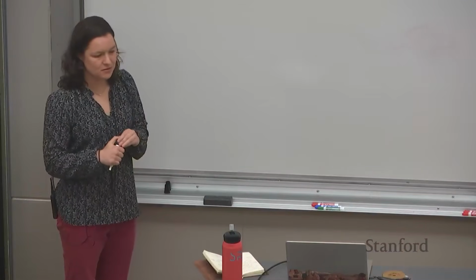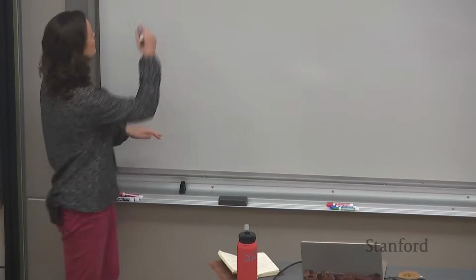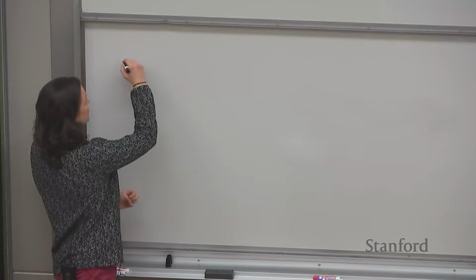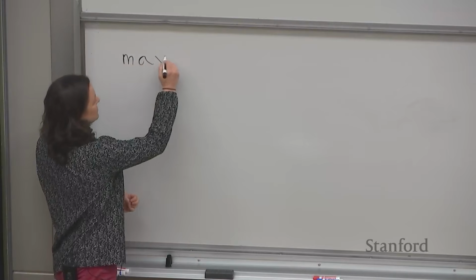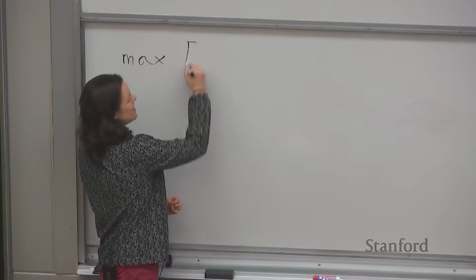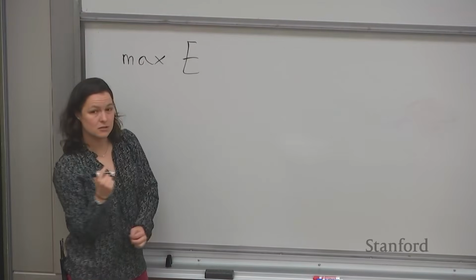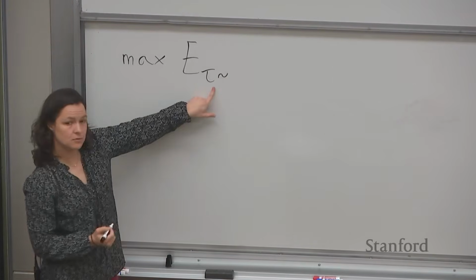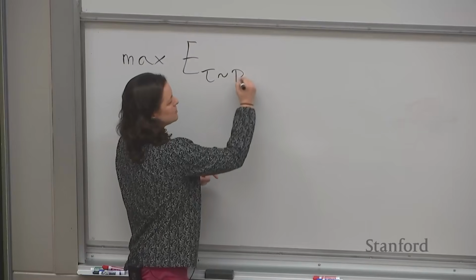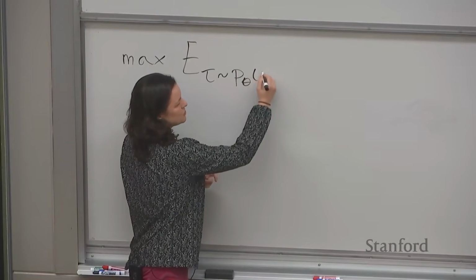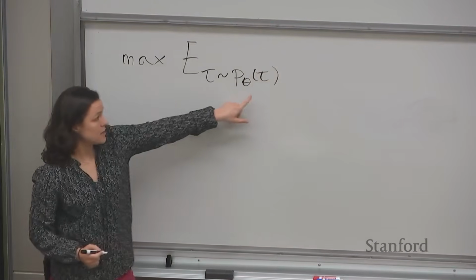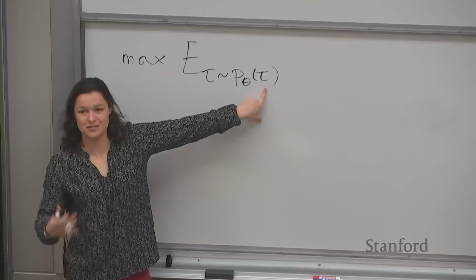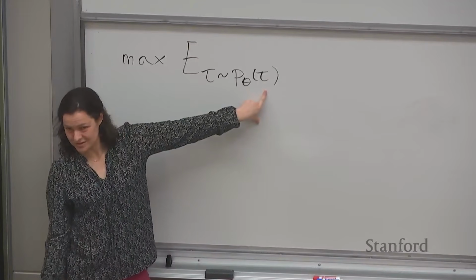So we have our objective, and this can be written down as: we have some policy pi theta, and our goal is to maximize the expected rewards when we sample from that policy. We can consider the trajectories that are sampled from the policy as being drawn from some distribution that I'll write as p theta of tau. Theta, because the distribution over trajectories is a function of the policy that you're using.